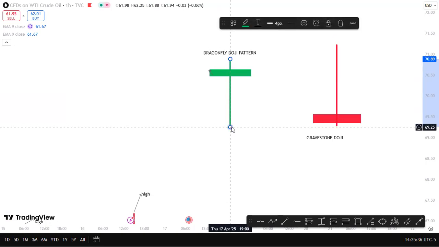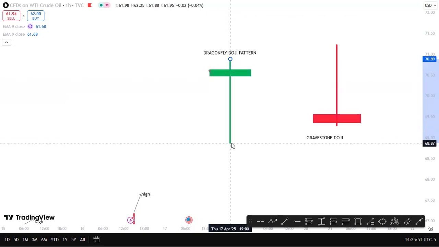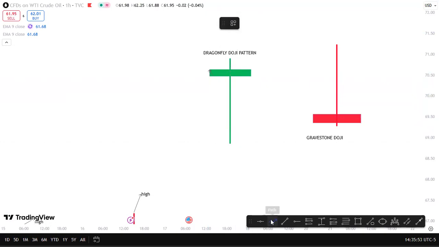And whenever this Dragonfly Doji pattern happens at the bottom of a downtrend, it signifies that there might be a reversal happening in the market. There's a lot of buying pressure here, because at some point sellers were able to push the price down after the open, to this point here.